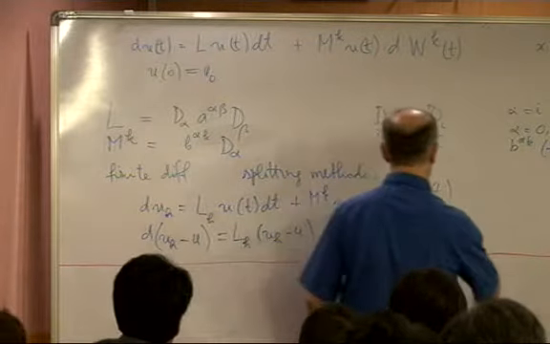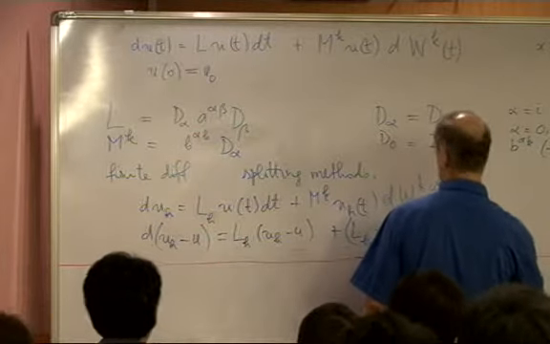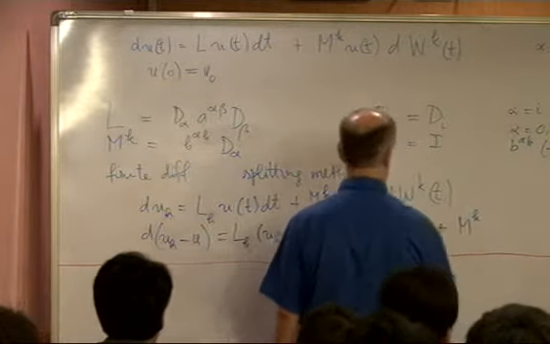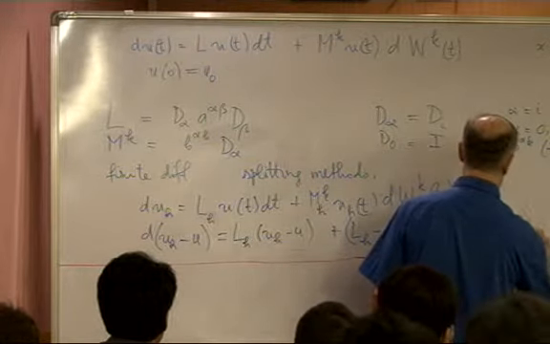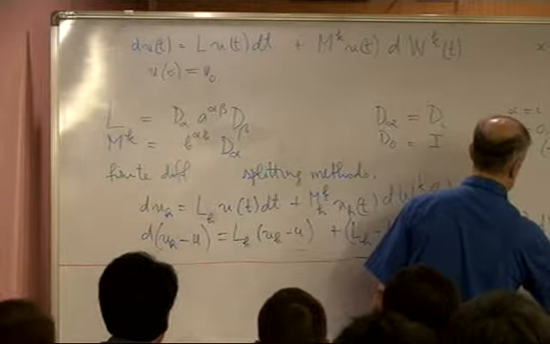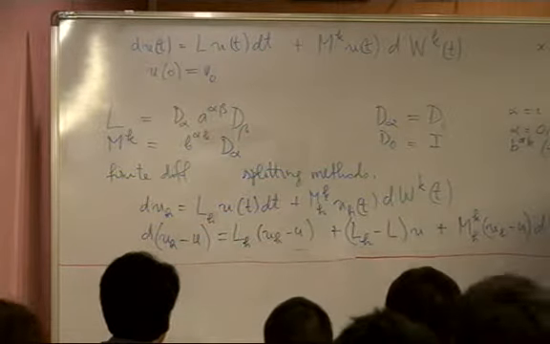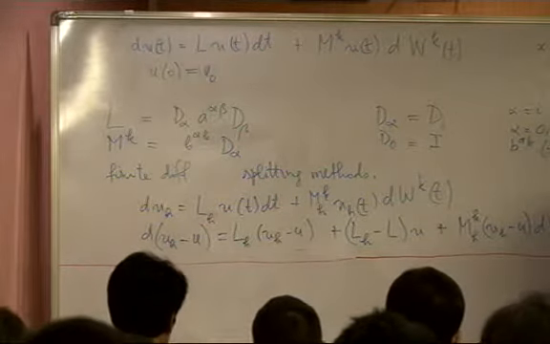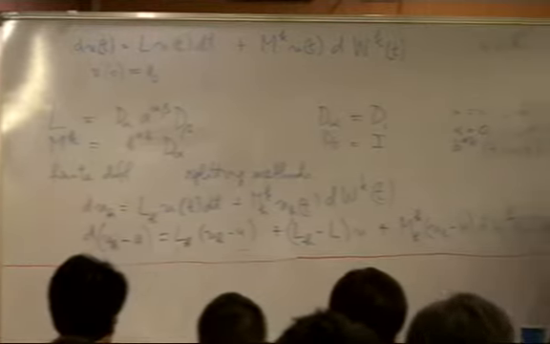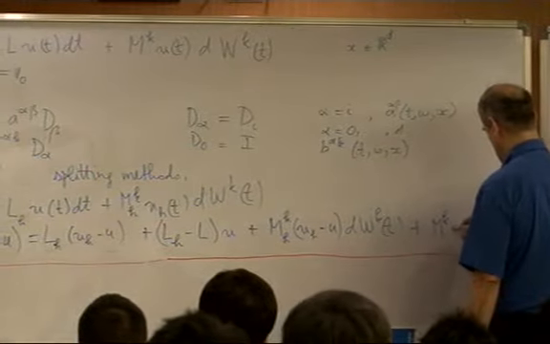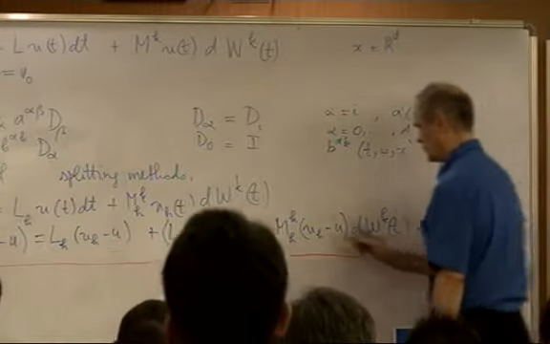And we have a similar writing for the stochastic terms: M^{k,h} on (u^h minus u) plus (M^k minus M^{k,h}) on u.